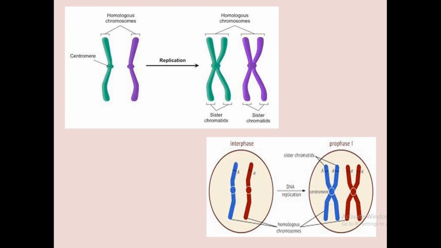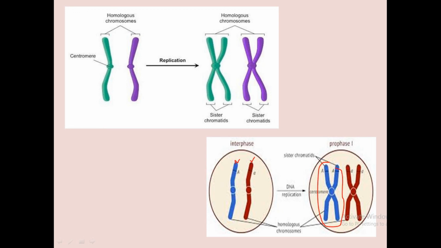Here in the interphase, this is a homologous chromosome and this is another homologous chromosome. After replication in prophase 1, we can see the homologous chromosomes replicated from interphase.